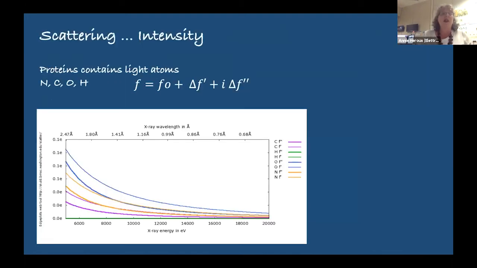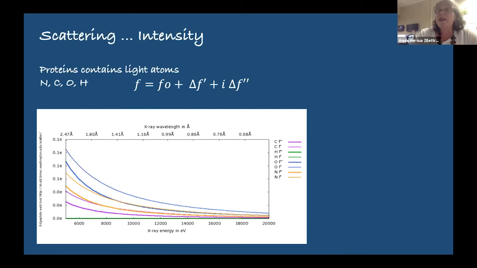So you have nitrogen, carbon, oxygen, hydrogen, and very often you might have zinc or some sulfur, very few of them. But we don't get very different scattering factor for the atoms that are all in there. And there's a lot of them.